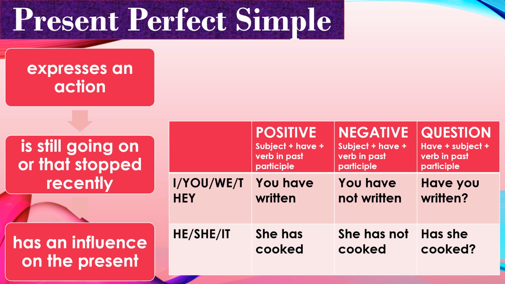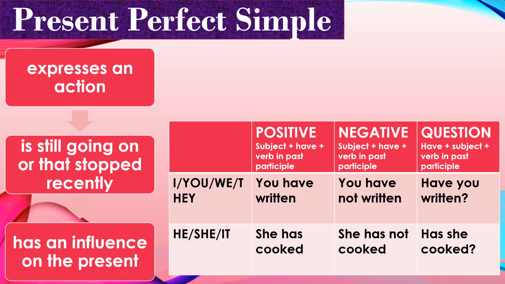First, for the positive form, we must use subject plus have plus verb in past participle. For example, you have written or she has cooked. Second, for the negative form, we must use subject plus have not plus verb in past participle.